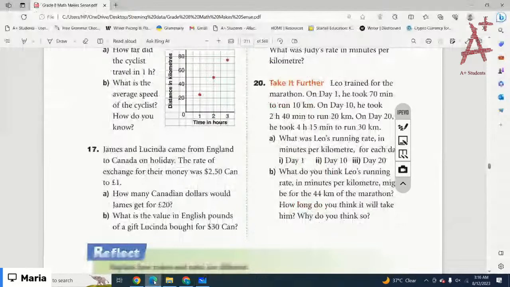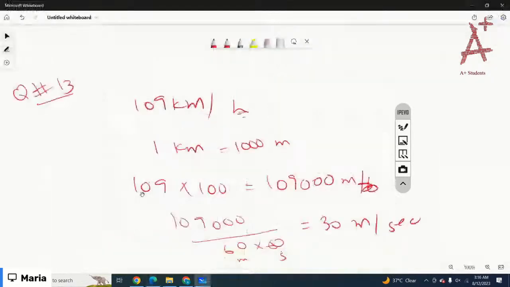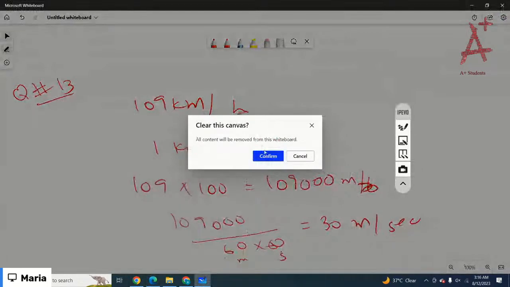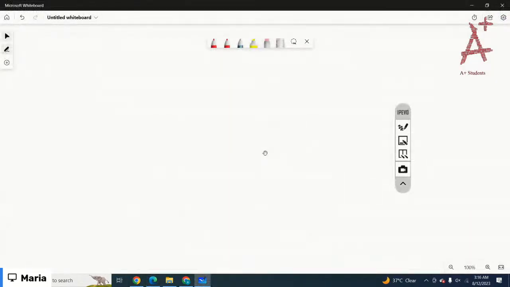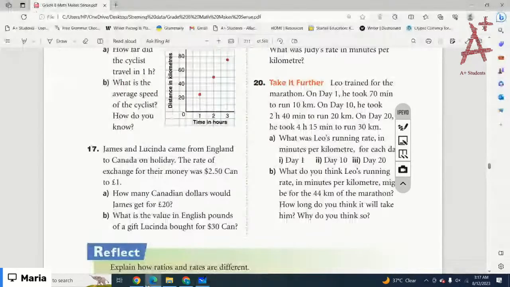The rate of exchange, £1 equals $2.50, right? £1 equals 2.50 Canadian dollars. So the A part is, how many Canadian dollars would James get for 20 pounds?